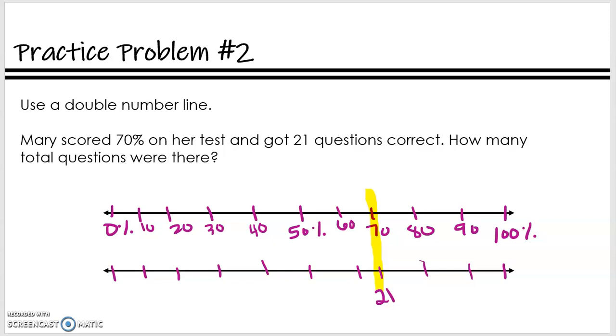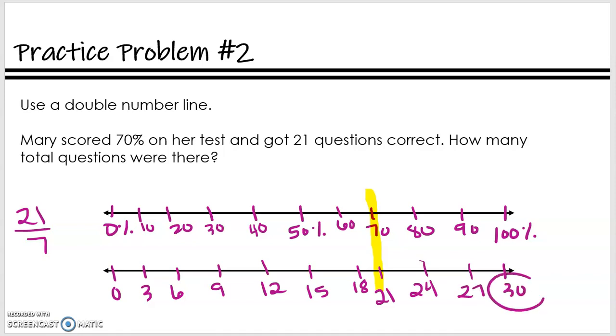We're trying to figure out how can I split that. Again, we do 21 divided by 7 sections because that's how many are below, and that gives us 3. So I'm just going to count up by 3s. And then I can keep going. And I see that 100% is the same thing as 30 with my double number line.